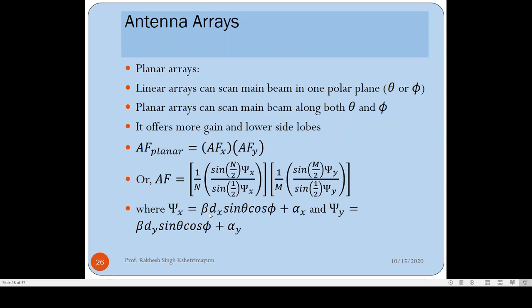Here psi x is beta dx sine theta cos phi plus alpha x, where dx is the distance between antenna elements along the x-axis and alpha x is the phase shift you are giving to the antenna elements along the x-axis. Psi y will be beta dy sin theta sin phi plus alpha y, where dy is the inter-element spacing along the y-axis, and alpha y is the phase shift you are giving to the antenna element array along the y-axis. So you can find the array factor like this.